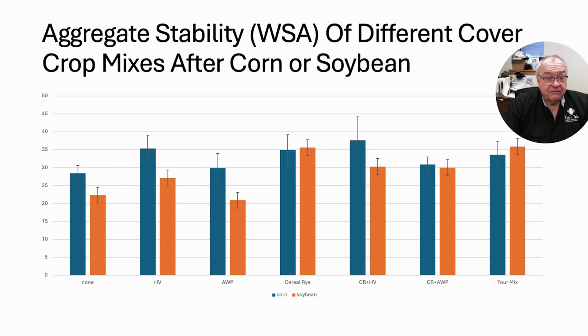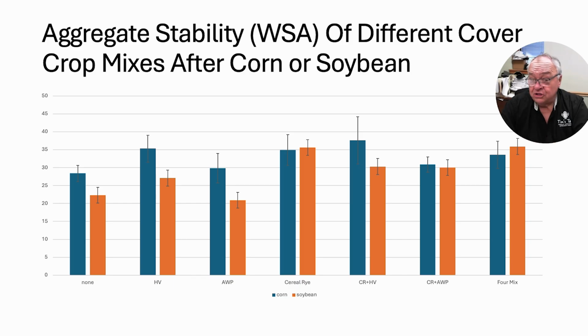And what sticks out, first of all, is that soybeans is less in aggregate stability than corn in all three of these. And it really doesn't improve in soybeans much with hairy vetch or Austrian winter pea, whereas we get a little bit of increase with hairy vetch in our corn.